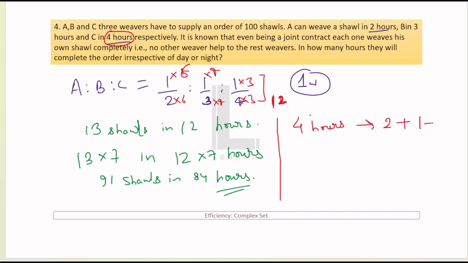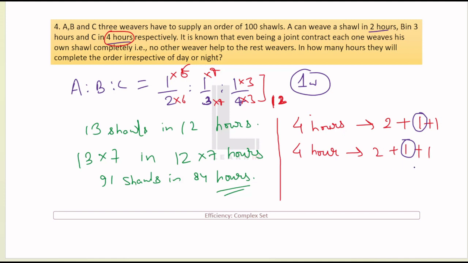Remember, A has made 1 upon 3 more shawl right now in 1 hour. So this is a suspicious activity here. With 4 hours more, they would have got 2 plus 1 plus 1. Now A has got another 1 upon 3 work done.